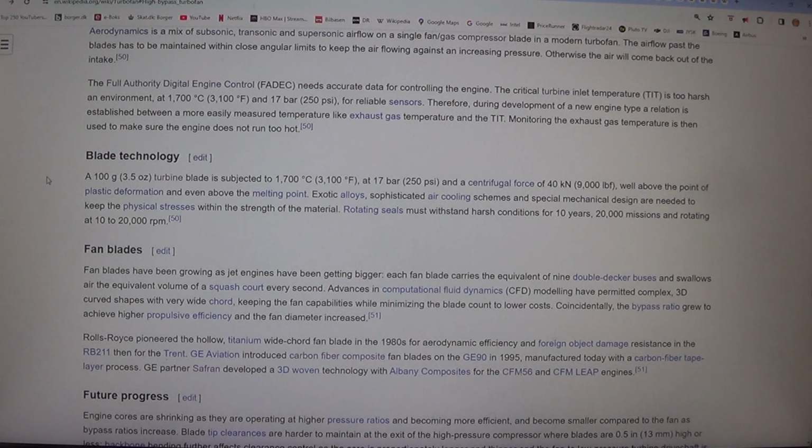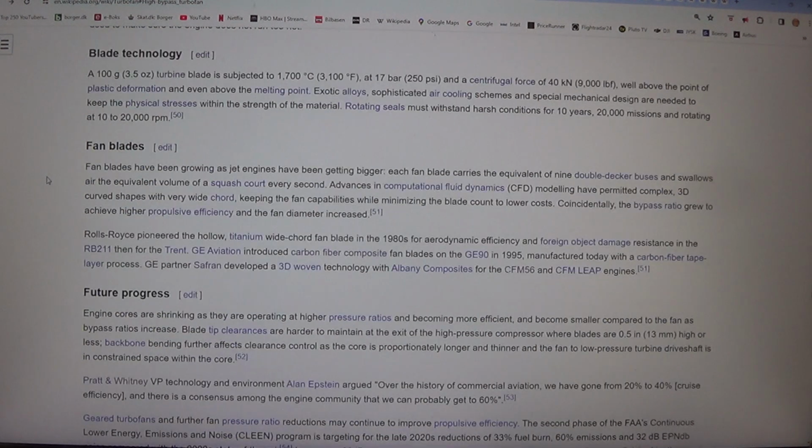Blade technology. A 100 g, 3.5 ounces, turbine blade is subjected to 1700 degrees Celsius, 3100 degrees Fahrenheit, at 17 bar, 250 psi, and a centrifugal force of 40 kN, 9000 lbf, well above the point of plastic deformation and even above the melting point.